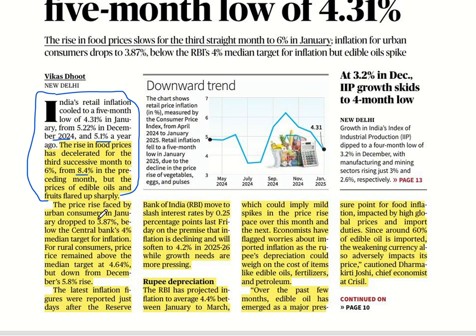The price rise faced by urban consumers in January dropped to 3.87%, below the central bank's 4% median target for inflation.